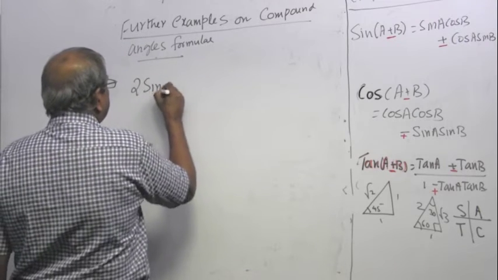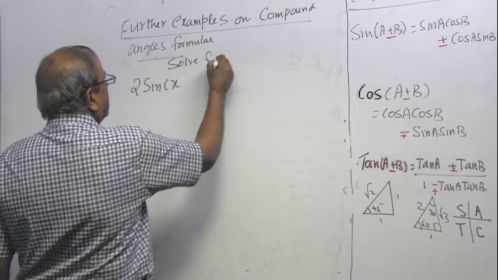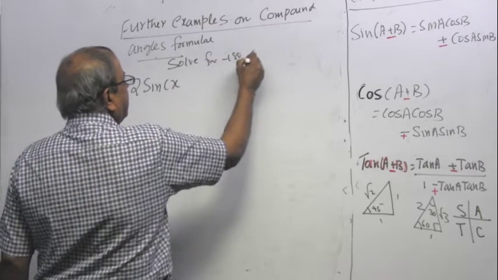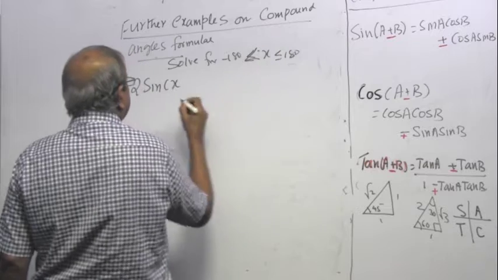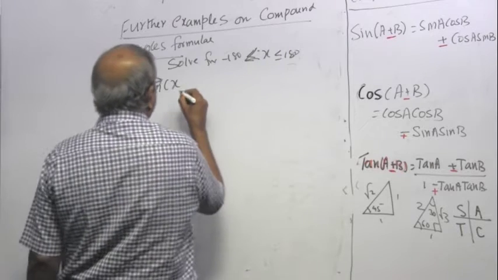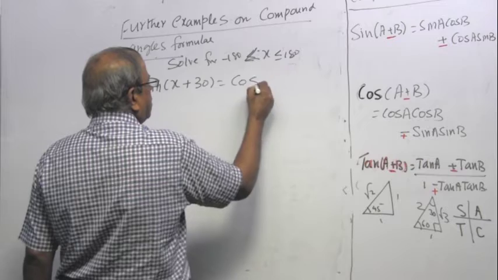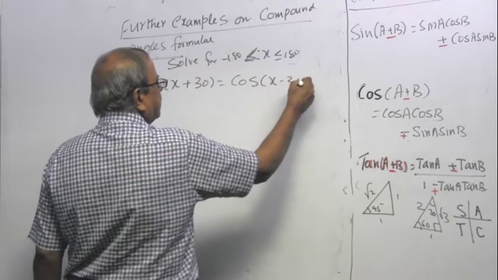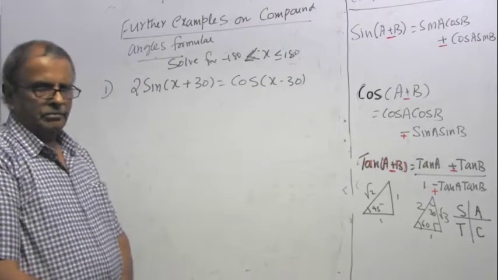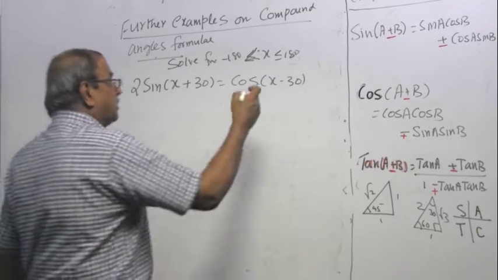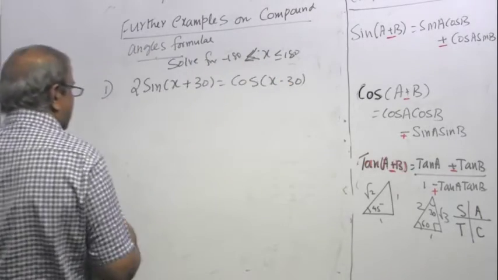Solve for minus 180 less than or equal to x less than or equal to 180. Number 1: 2 sine (x plus 30) equal to cos (x minus 30). We'll take up the other one later.